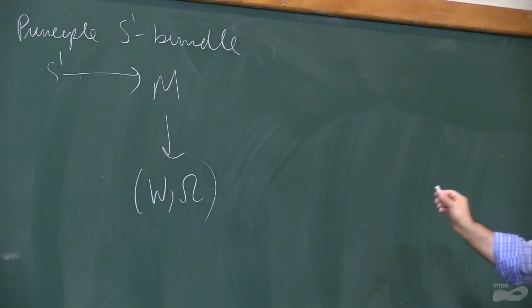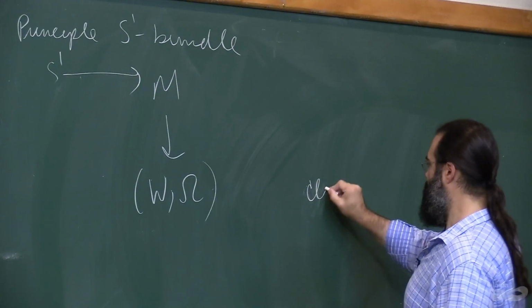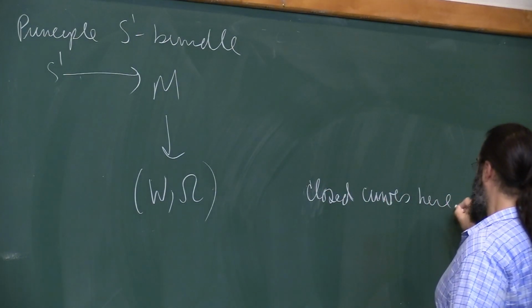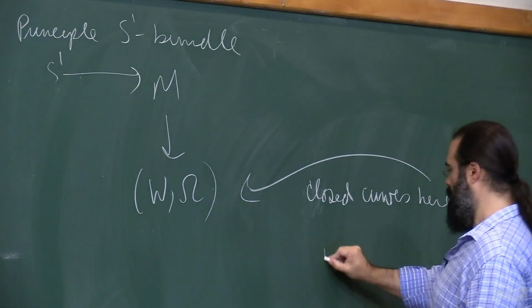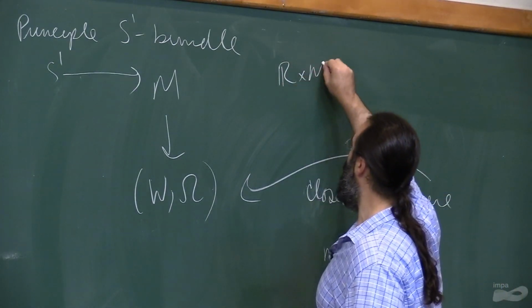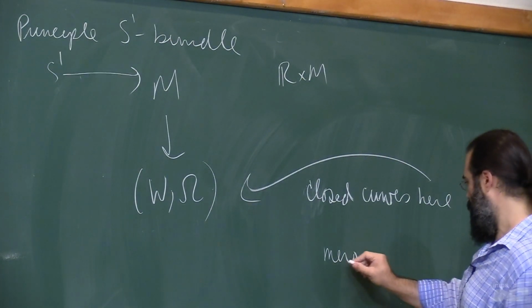And like I said, there's a correspondence here between closed curves in the base and meromorphic sections of the bundle. So we look at R cross M. The R and S1 part is like C, so we can look at meromorphic sections of the bundle.